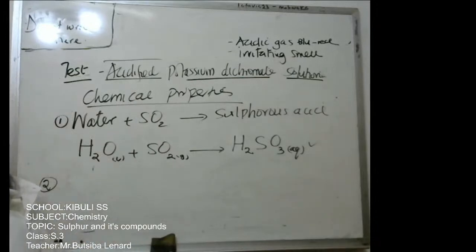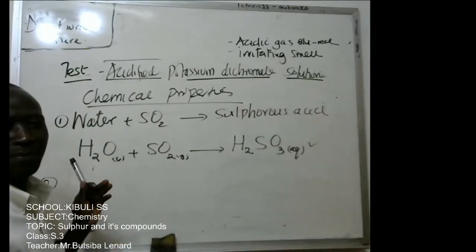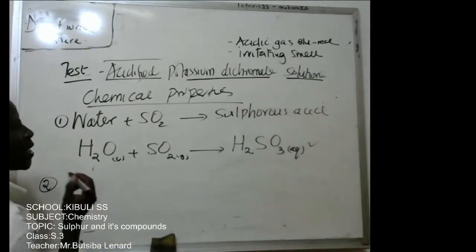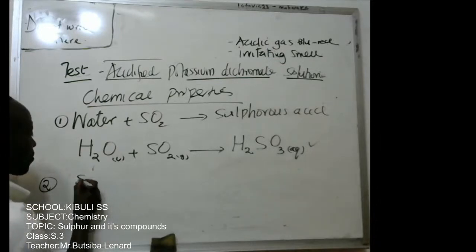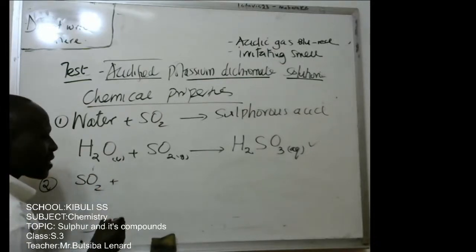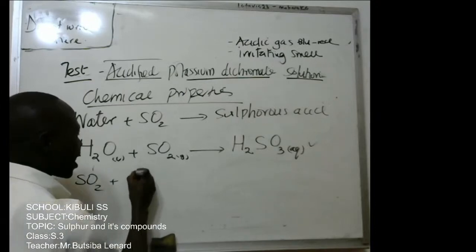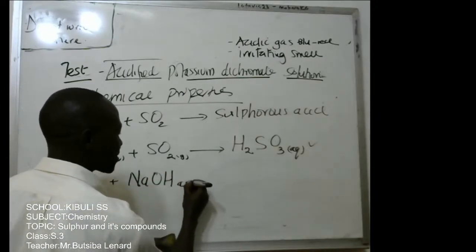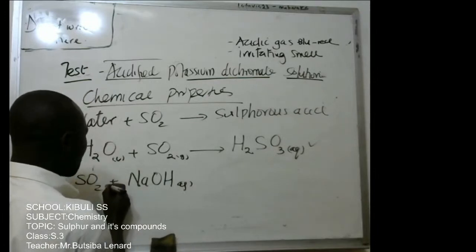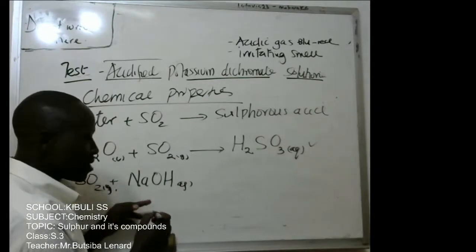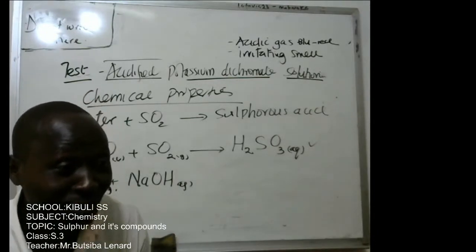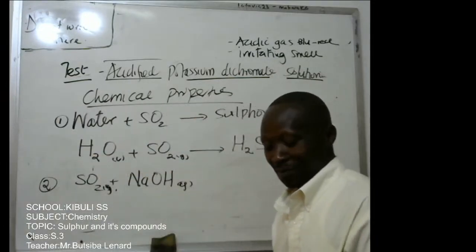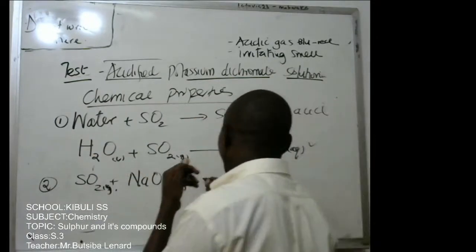So we expect a reaction automatically. What is this gas? Sulfur dioxide. What is this alkali? Maybe sodium hydroxide, aqueous. One being an acid, one being a base, what do we expect? Neutralization. A reaction takes place. What will be the product?